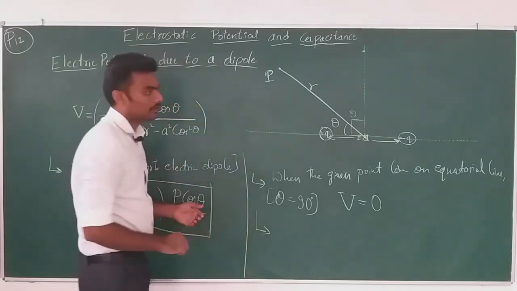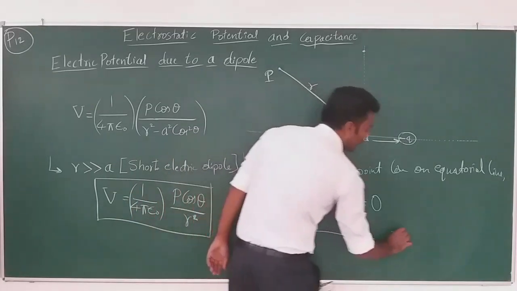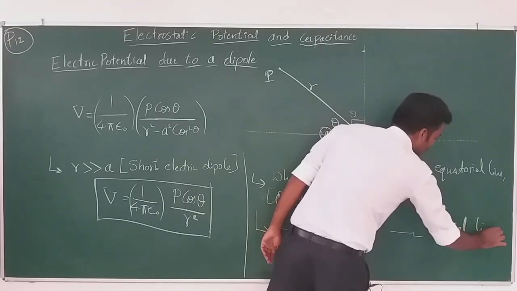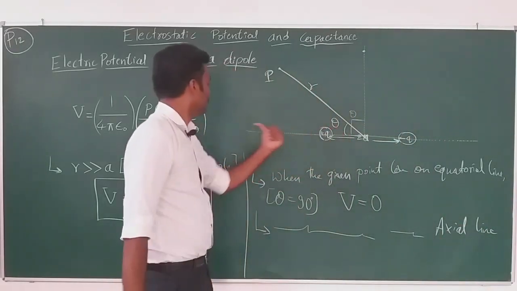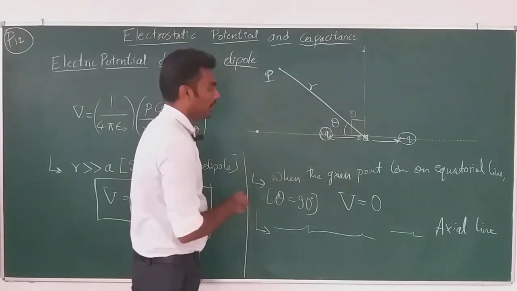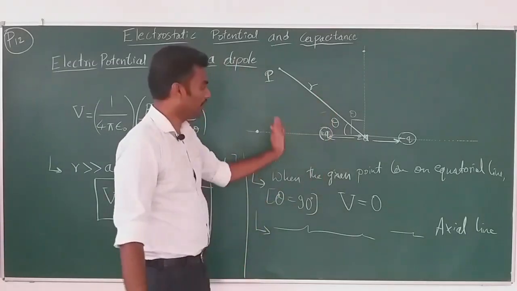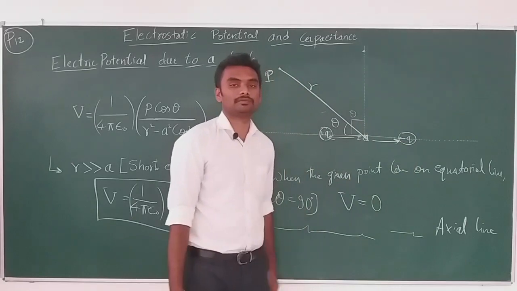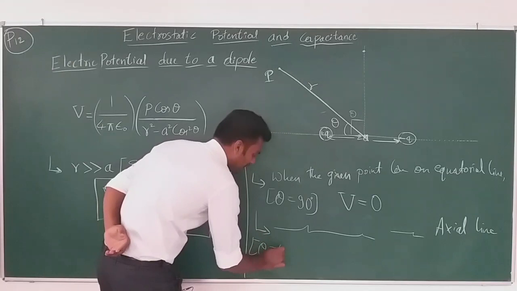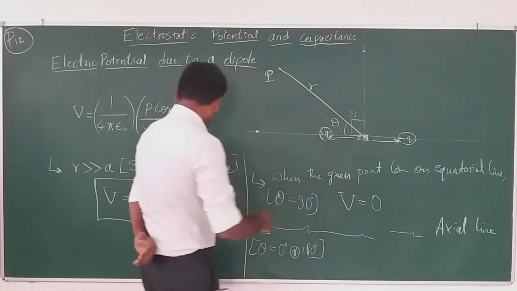Moving ahead, the next and the last special case, when the given point lies on the axial line. When the given point lies on the axial line here, what is the value of theta? Theta is 0 degrees. It can also be 180 degrees. So theta can be either 0 degrees or 180 degrees.